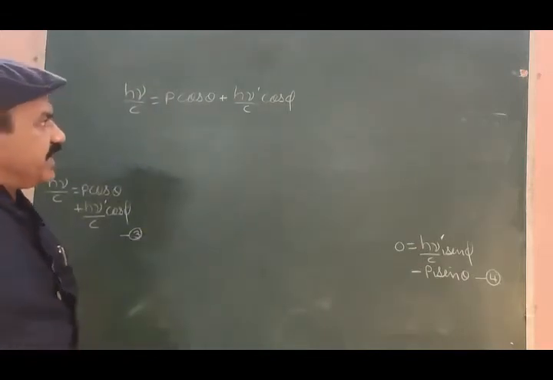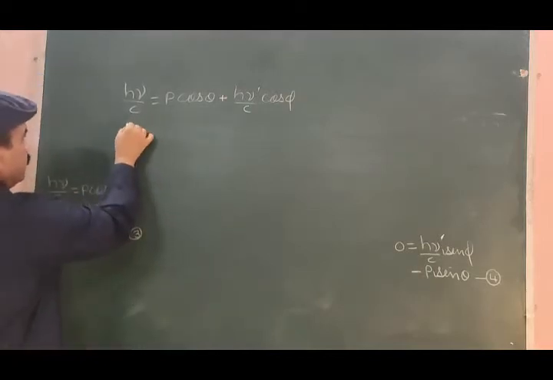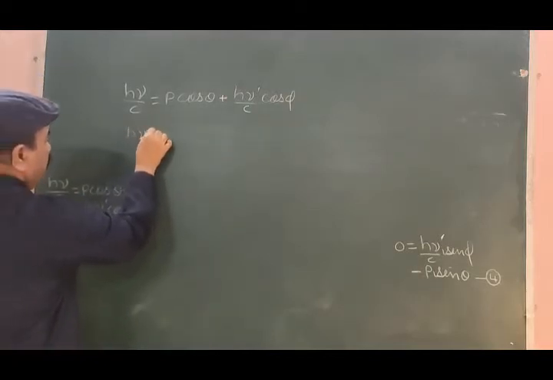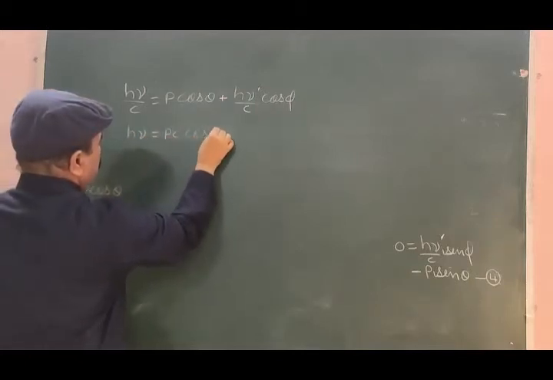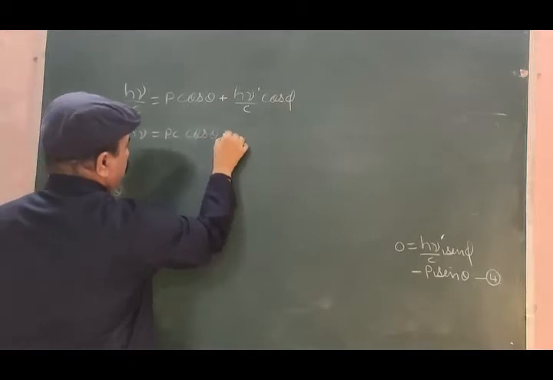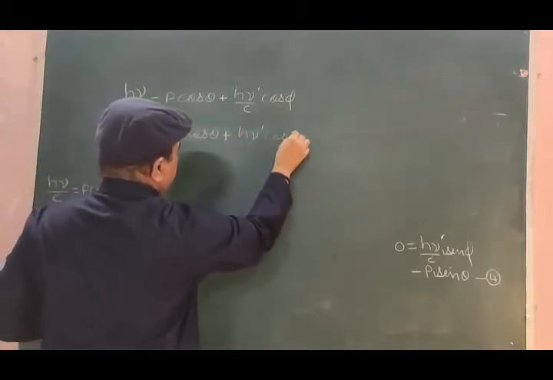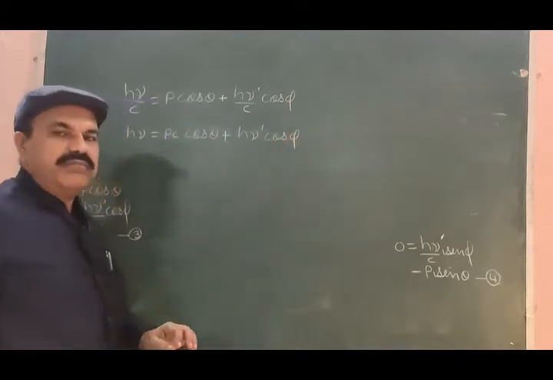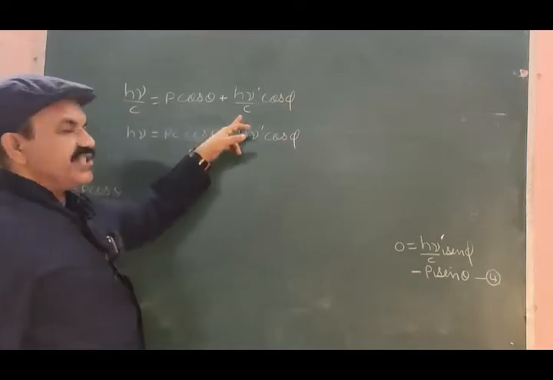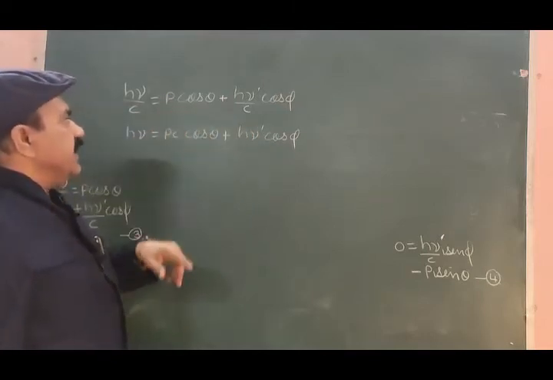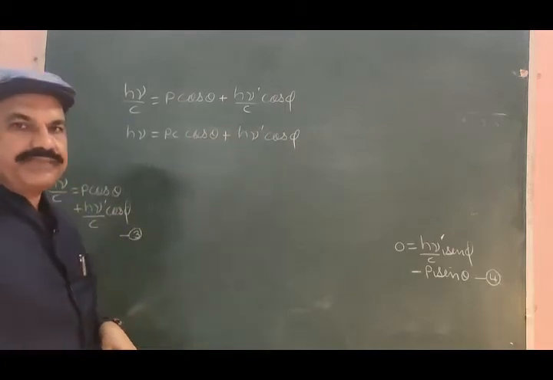Multiply both sides of this equation by c. This c gets cancelled, and one c appears here. This equation is obtained.